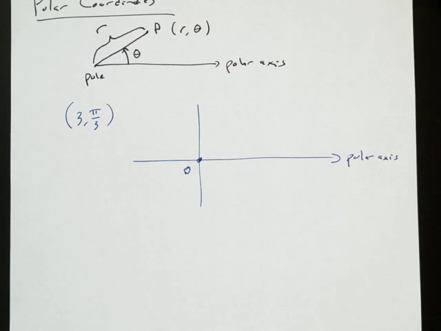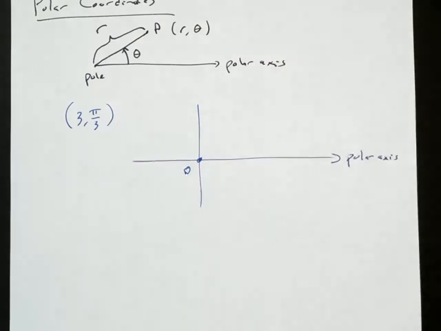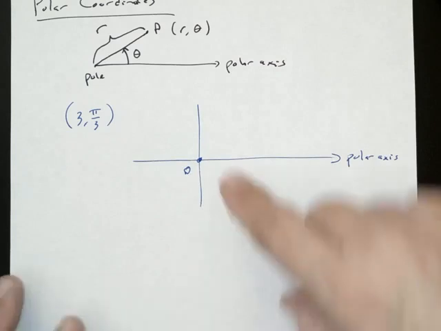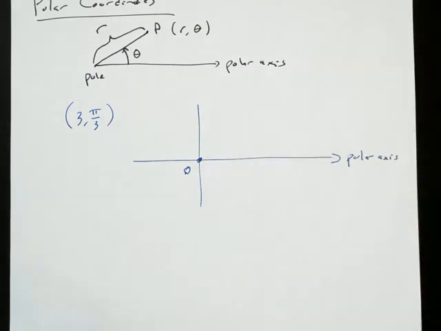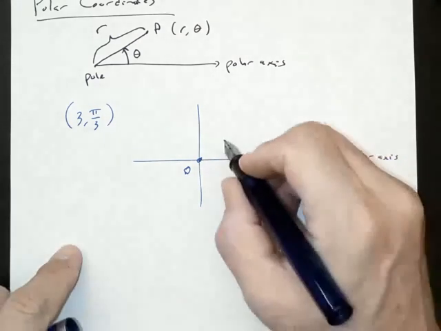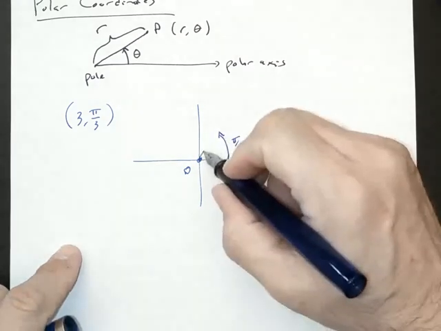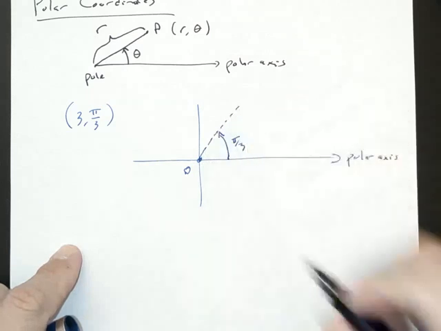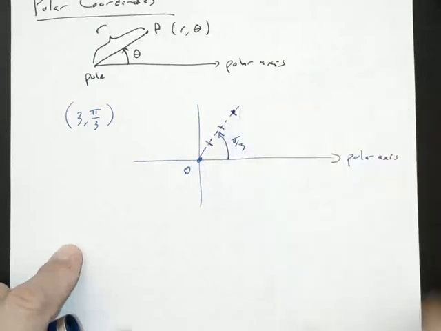Physically, where would you point to it on the plane? It would be in the first quadrant. It's going to be 3 units away from the origin at an angle of pi over 3. So pi over 3 is 60 degrees. And I go out 1, 2, 3 units.